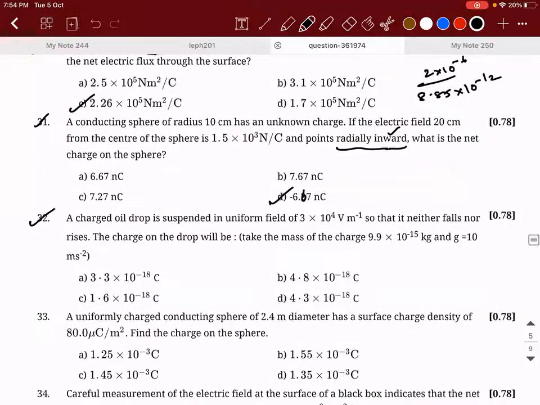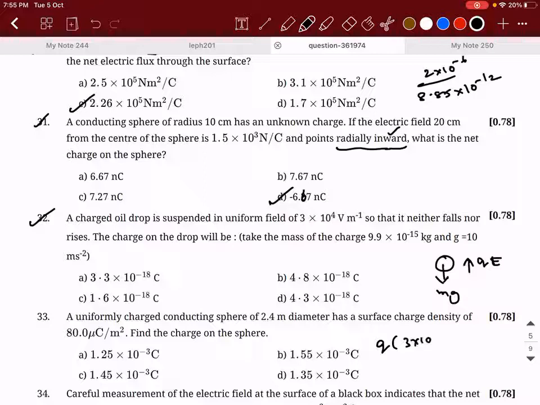So 32nd, how to solve this? There is a charged oil drop suspended in a uniform electric field so that it neither falls nor rises. The charge on the drop will be how much? Its weight is balanced by the electrostatic force qE, so q is what we need to find.